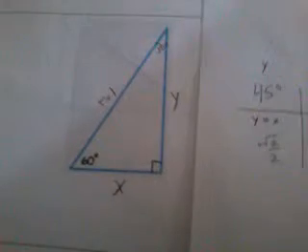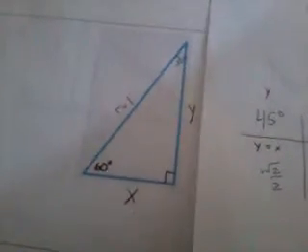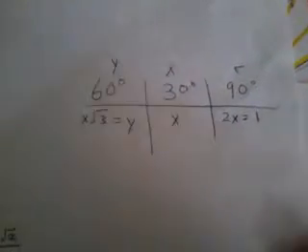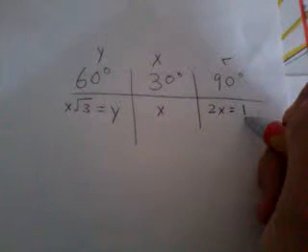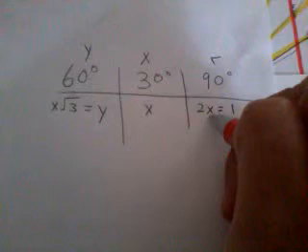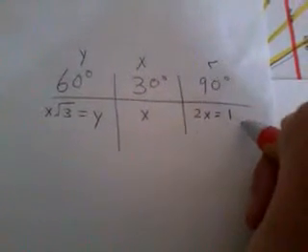Only this time, since our x and y are facing different degrees, we're going to solve using this chart. So we know that our radius is 1, and the length of x, if you multiply by 2, we get 1, since 1 is our radius.